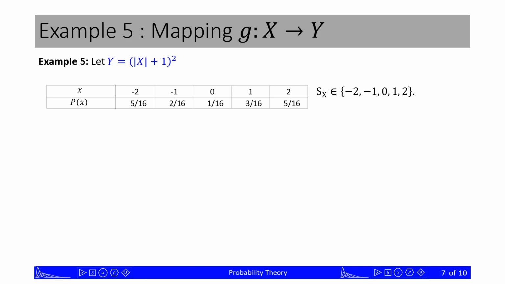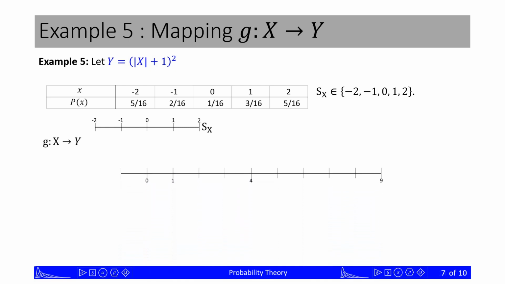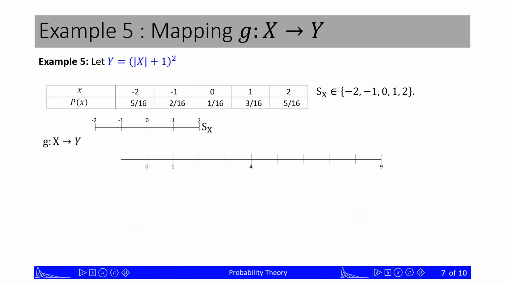Here we use a slightly more complex 2-to-1 transformation for y. We map x to y equals the absolute value of x plus 1, quantity squared.